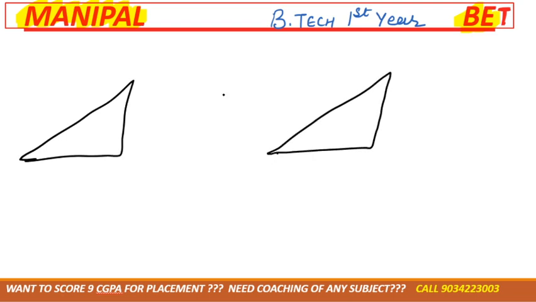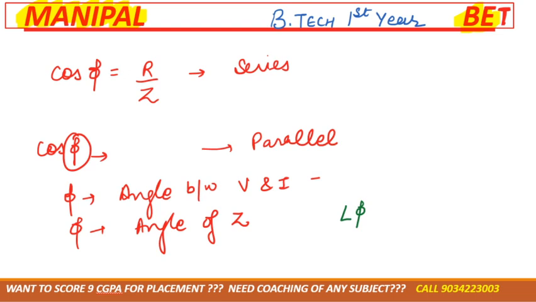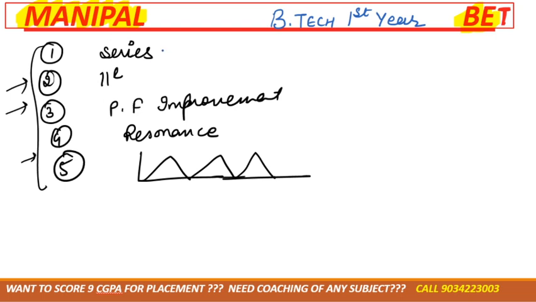So basically they have combined two parts. They did the parallel part and the power factor part. As I told you at the start, questions of AC circuit, that question came, parallel and power factor they combined.